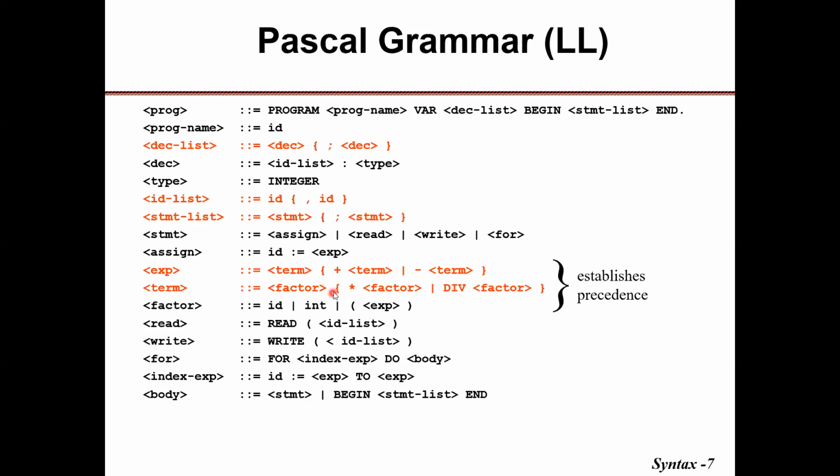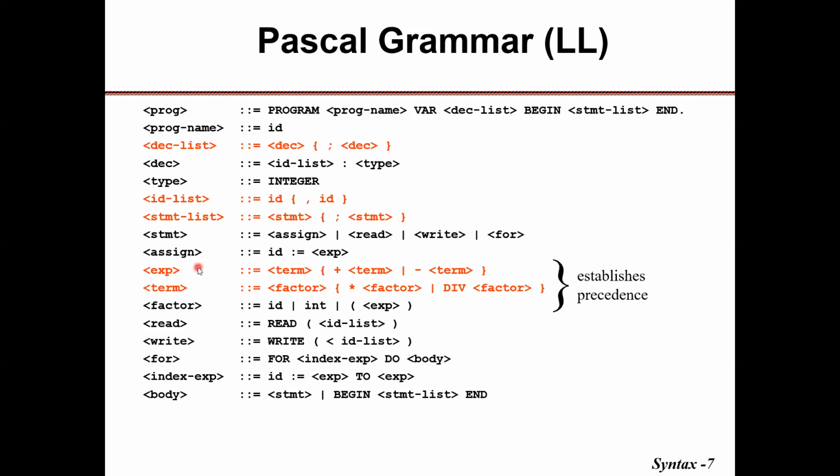Since we didn't have any special operators over here, what we're saying is that we could have 0, 1, or many instances of what's inside the curly brackets. So we could have a factor all by itself be classified as a term. Or we could have a factor followed by a multiply factor that can classify as a term. Or we could have a factor followed by a div followed by a factor, and that too could be classified as a term.